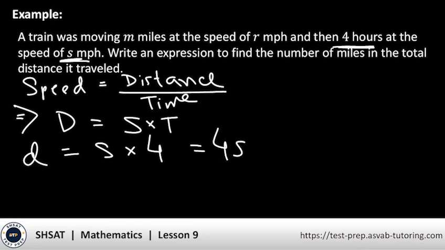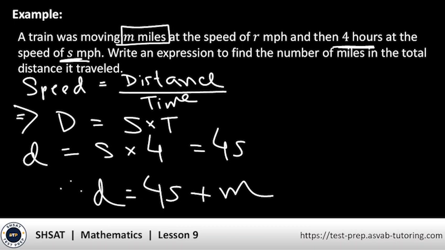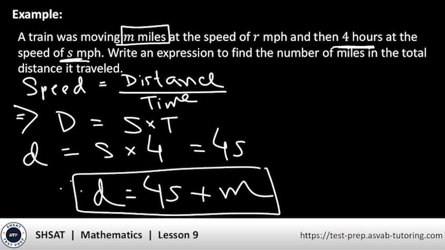And initially, the distance was M miles. So the initial part's distance is already given, and the next part's distance we've just figured out. So what's the total distance? The total distance is 4S plus M. Because we need to write it as an expression, let's just write D here. So D equals 4S plus M. That's my expression to figure out the distance.